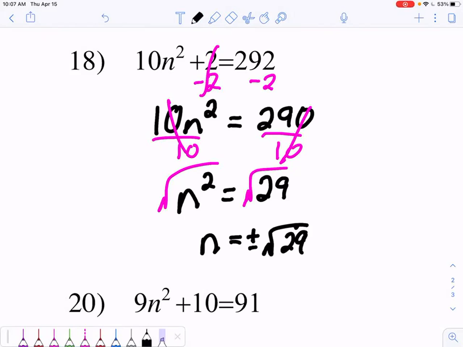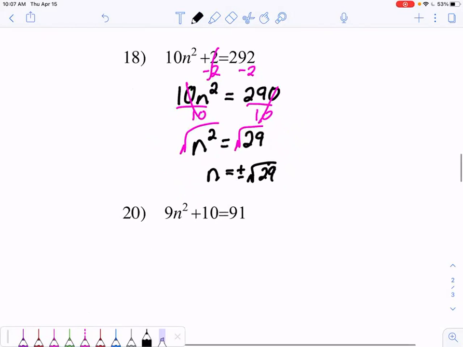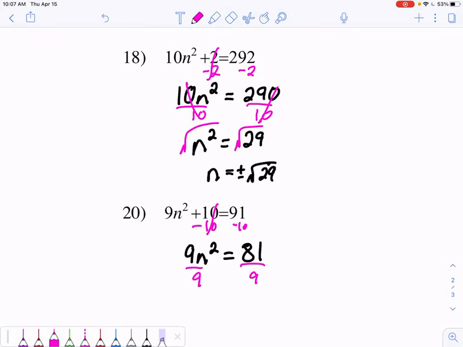So 20 is the same way. It's a two-step equation first. Haley, what do we do first then to solve the n squared? So 10s, what's left? Good, what's next? We'll divide by 9 on both sides.